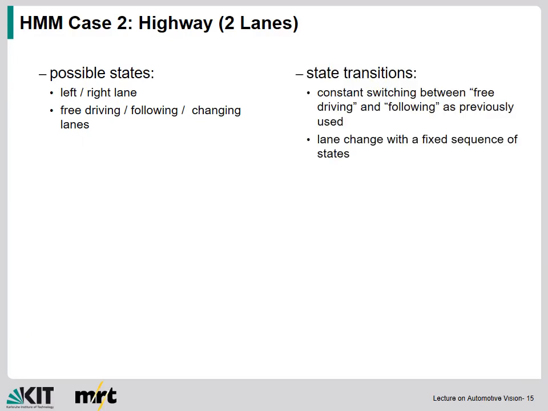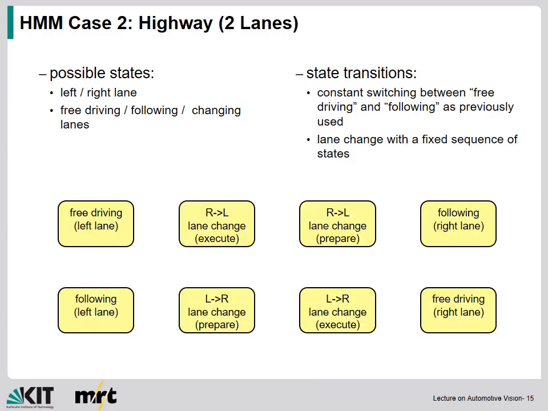And the state transition model needs to model the possibility to switch between free driving and following, and it also needs to model that a lane change is done in a typical order of activities. One way to model that is to come up with 8 different states. We have free driving on the left lane and following on the left lane, as well as following on the right lane and free driving on the right lane.